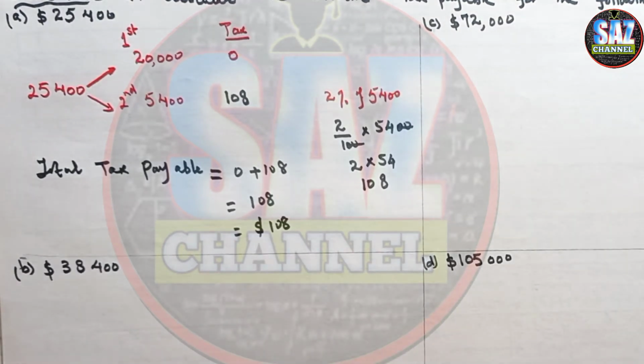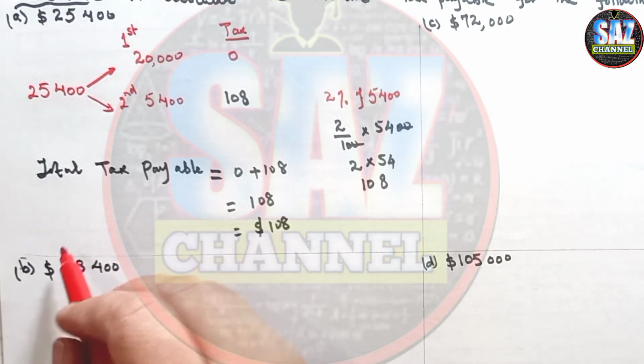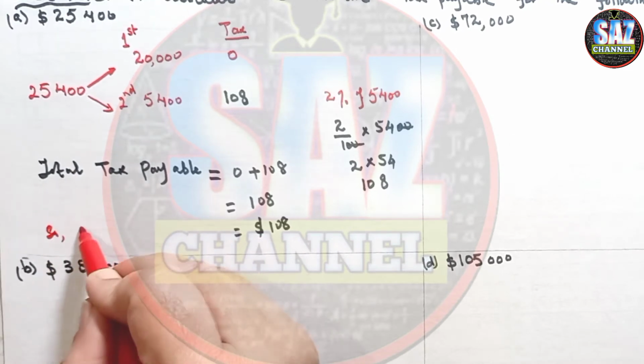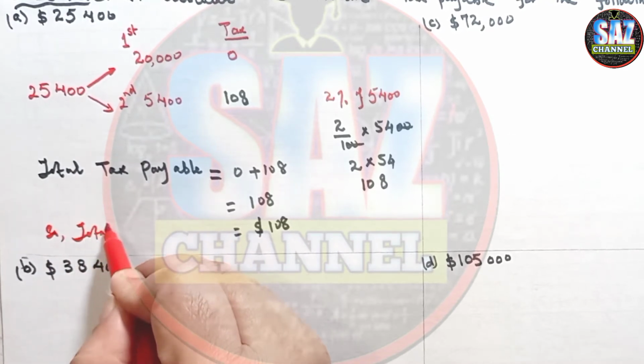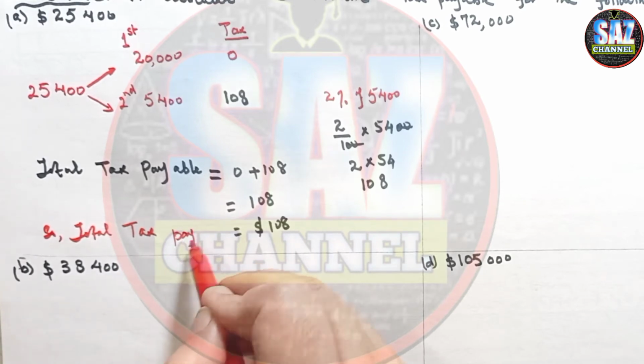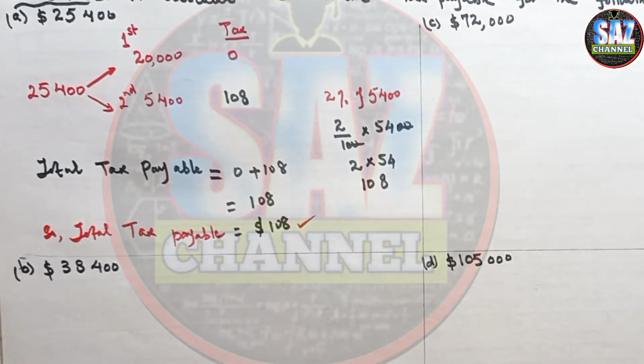Very easy question, and now you can calculate your own tax that you have to pay. Okay, after learning this question, total tax payable equals $108. Let's move to the second question.